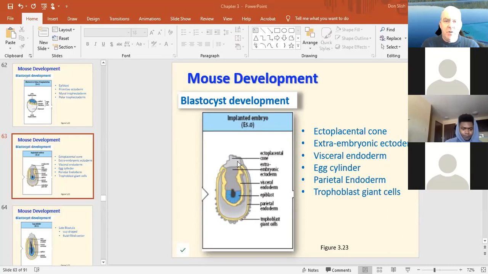So you've got extra-embryonic ectoderm here and ectoplacental cone here, and your epiblast down here. So the uterine wall, once these trophoblast cells fuse with it, will grow around this whole thing, as well as growing into the uterus.